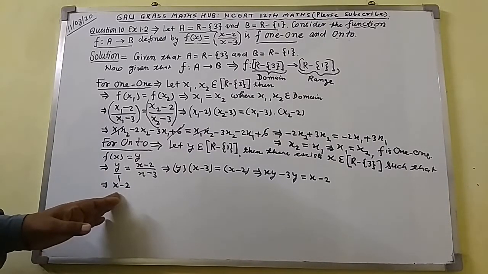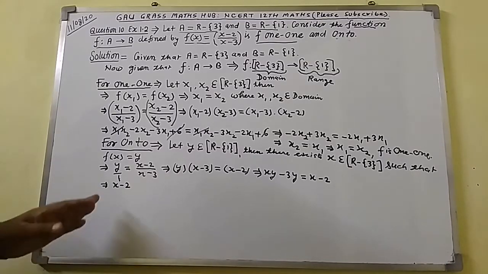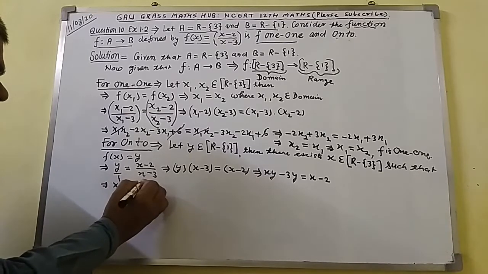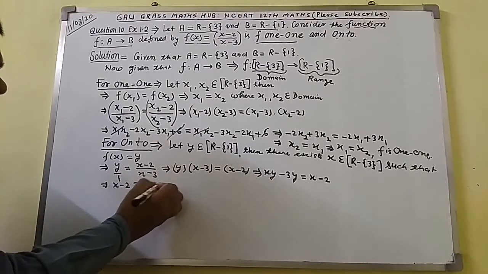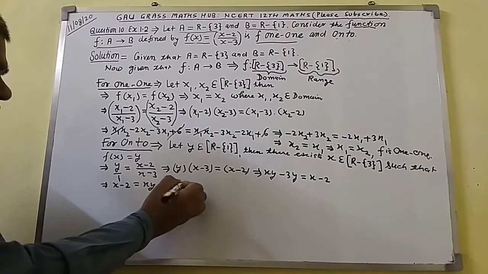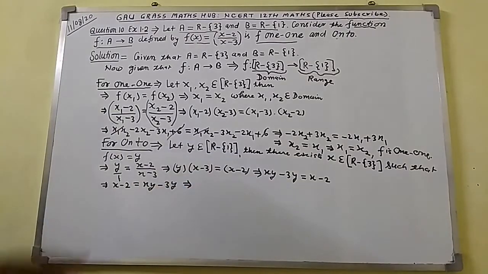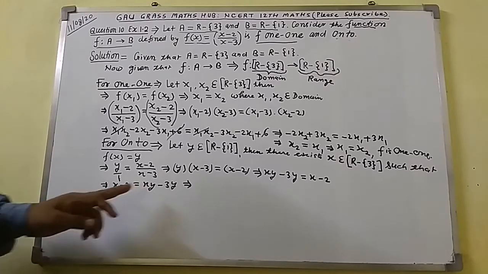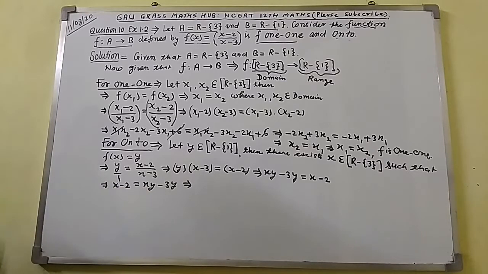Since I have to get the value of x here, so x minus 2 equal to xy minus 3y, implied that, to get the value of x here, this xy will move back to the left hand side.